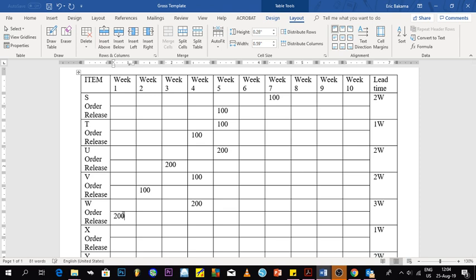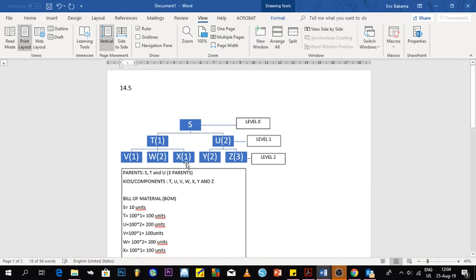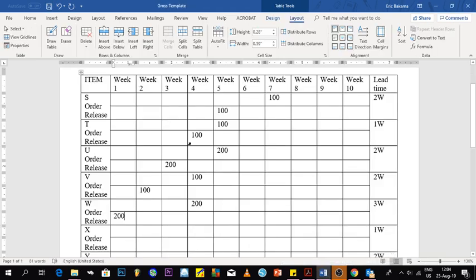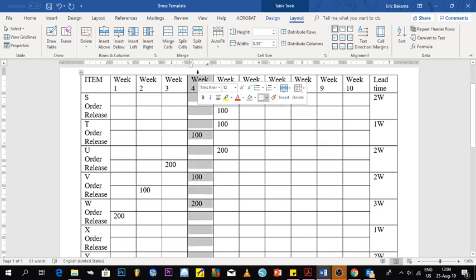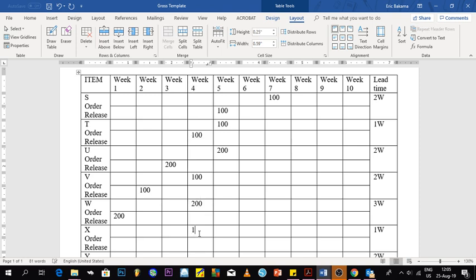So we get our 200 that will be released in week 1. Then we look at X, that is coming straight from T. For us to produce one T, we need one X. So we go back, all of them are coming from T, which is in week 4 here. So week 4 X will come from here, so it's 100 times 1, which is still 100. Then it needs to be released a week before, which is here. Then we will get our 100 units.